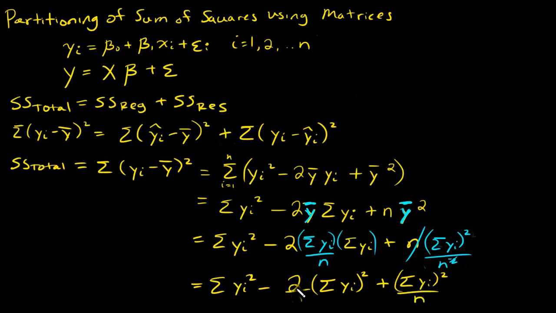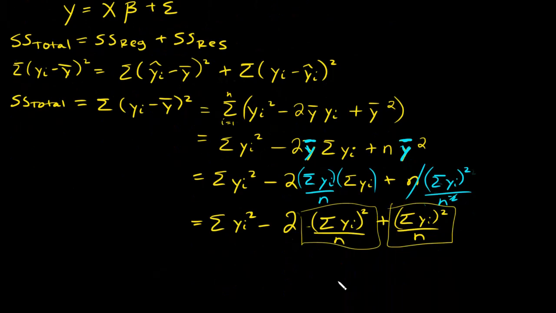Instead of writing 2 divided by n, let me move that n here. It's the same thing, but now it's clear that these are like terms, so I can combine them. I'm left with the sum of yi squared minus, now it's 2 of them and then plus 1 of them, so one of them remains being subtracted, divided by n.